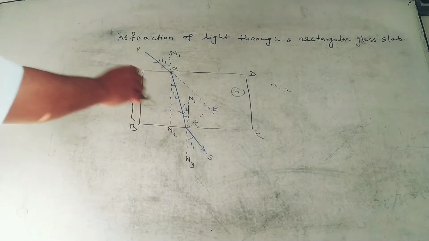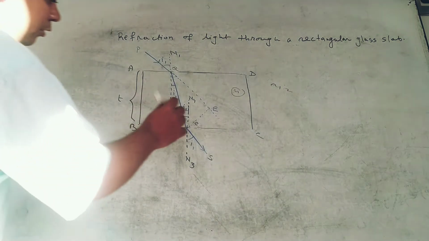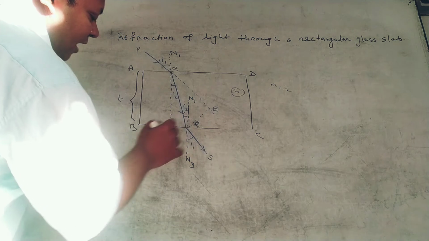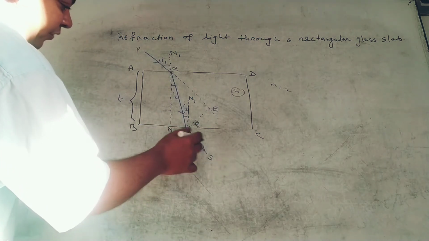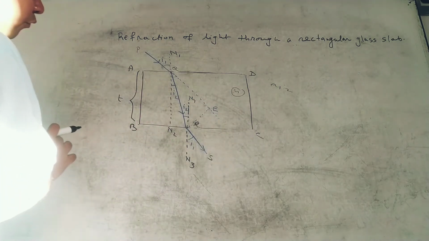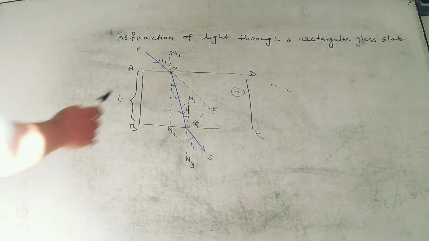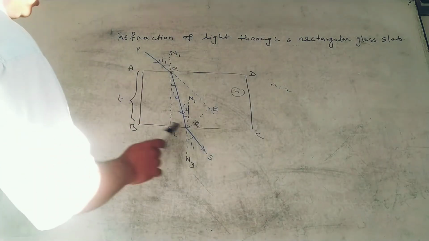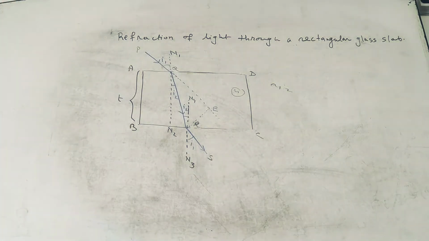QR is the refracted light ray inside the glass slab, and RS is the emergent ray, or refracted light ray, from glass to air. From Snell's general law of refraction, we already know that PQ is parallel to RS.